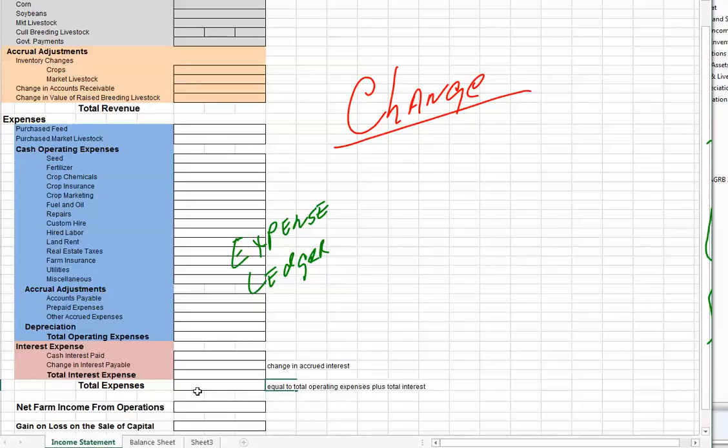So total expenses now is a sum of the two categories. In the blue box is operating expenses, in the other colored box is the interest expense, and total expense is simply those two added together.